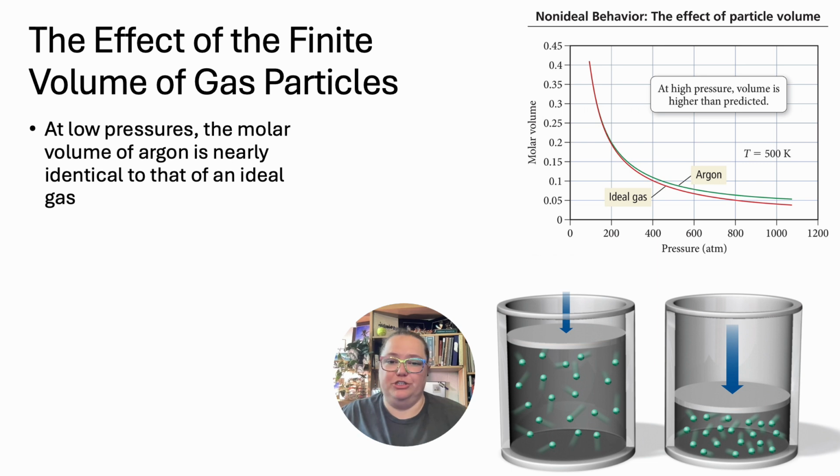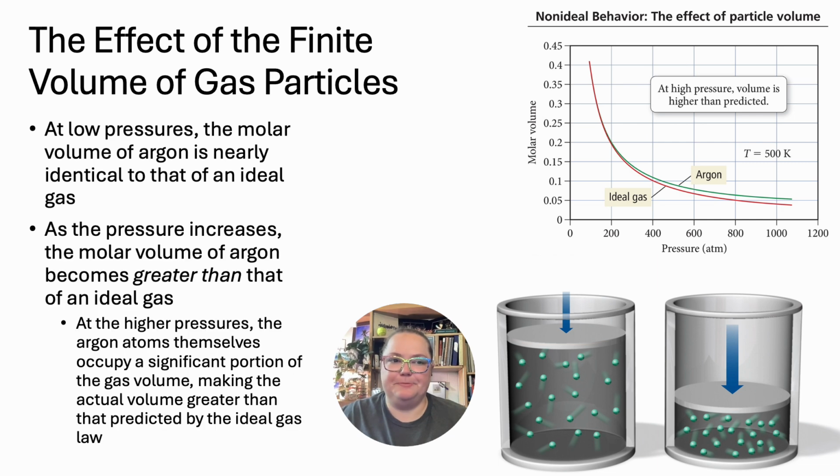So at low pressures, the molar volume of argon in this example is nearly identical to an ideal gas. But as our pressure increases, the molar volume of argon becomes greater than that of the ideal gas. And that's because with these argon atoms, there was so much empty space that the volume of the atom itself didn't really matter.